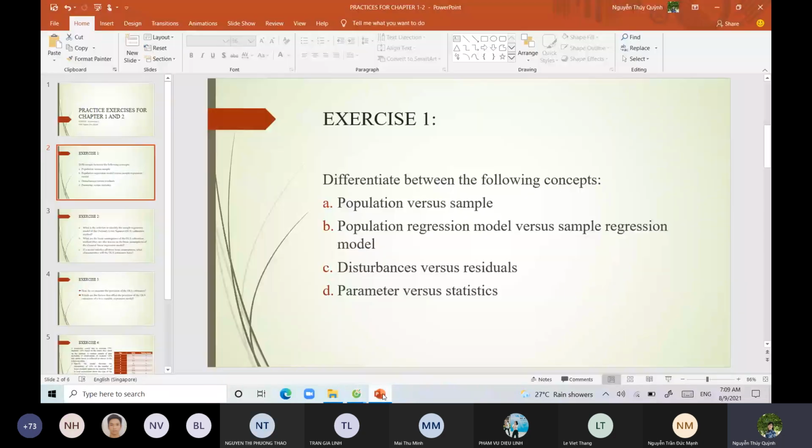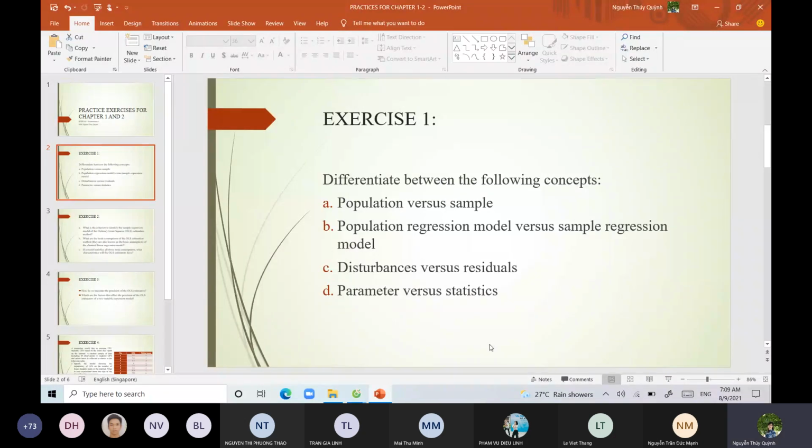Can you hear me? Yeah. Okay, so to follow up on the first question, for the second question, if the observed data is from the whole population, then it is called population regression. And if the data is from a sample, then it's called sample regression.